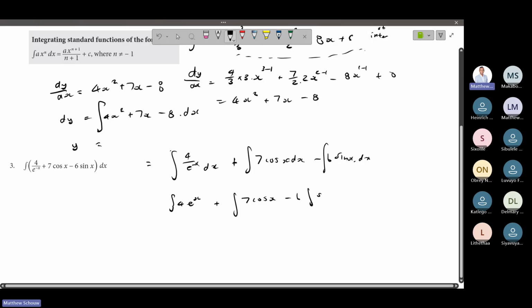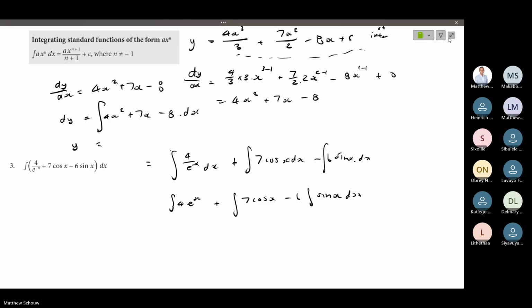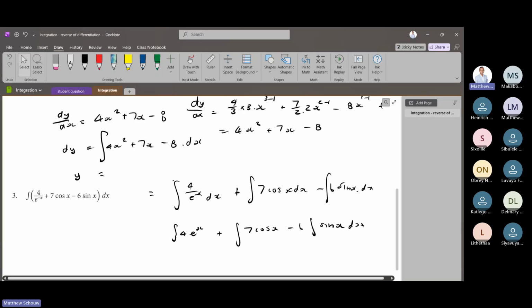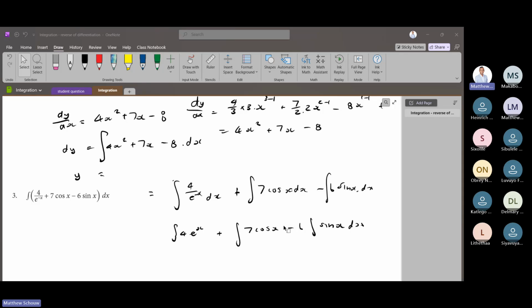These integrations over here, if you do not know, I'll just pull them from a textbook. Each function will have an individual integration. I'm working strictly from the textbook so you can exactly see where everything is.